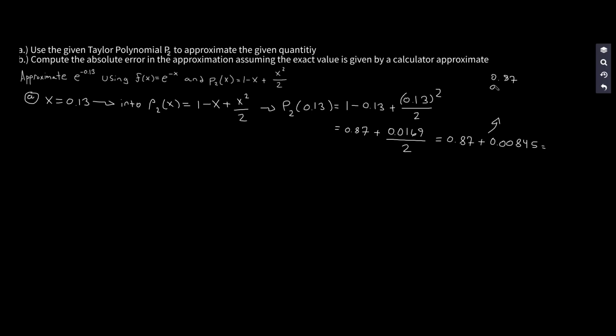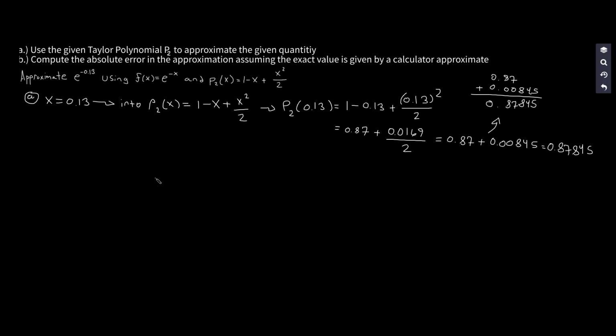This is an addition problem. 0.87 plus 0.00845, and that means that the answer is going to be 0.87845. And so that's going to be part A.